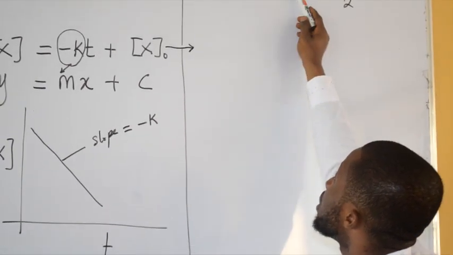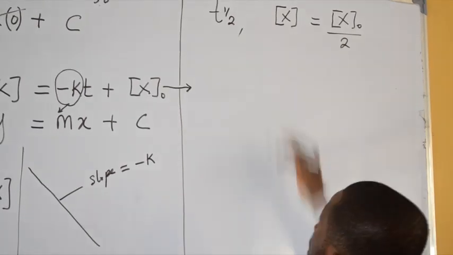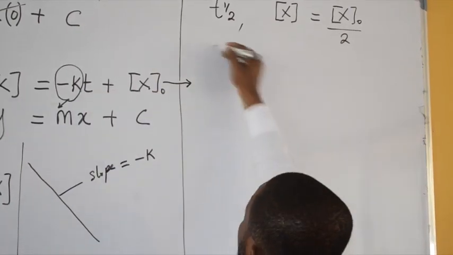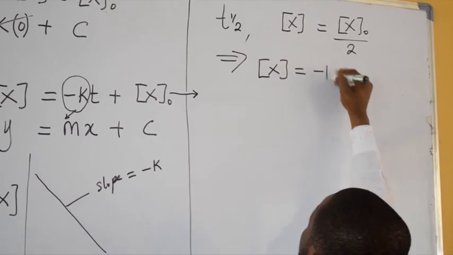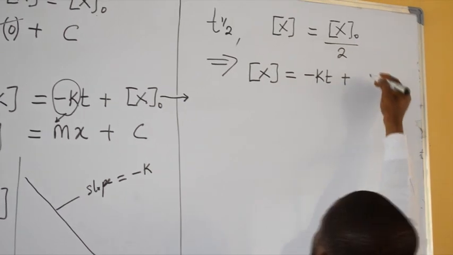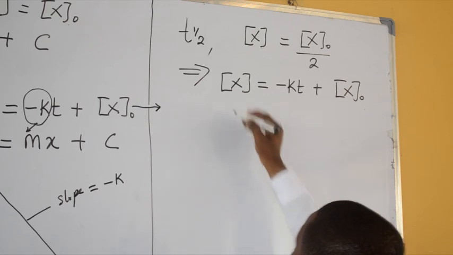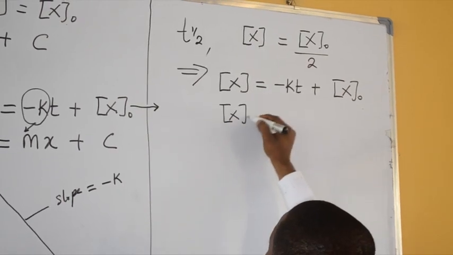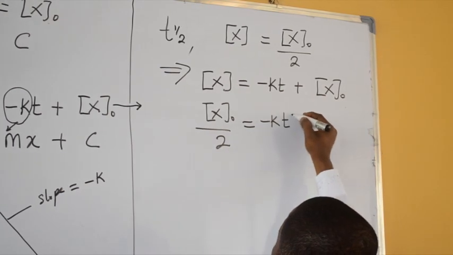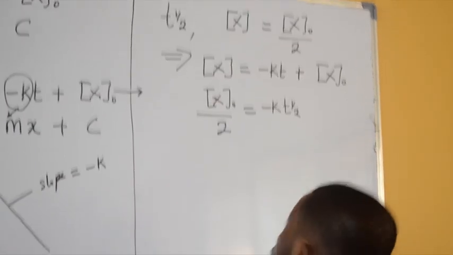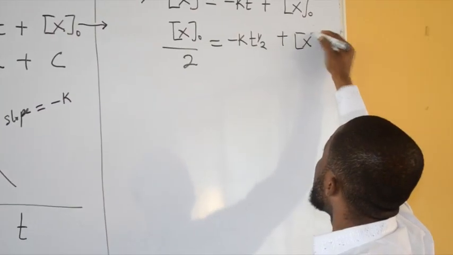So meaning that in our equation here, wherever you find this, you substitute with this. Instead of writing this from here, we have x is equal to minus kt plus x naught. So I'm going to replace this with this. Then therefore I'll have x naught over 2 is equal to minus k t half plus x naught.